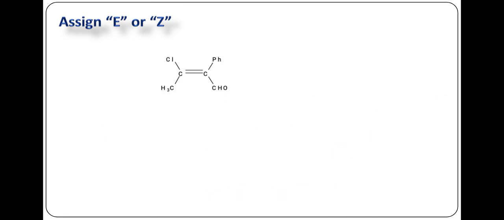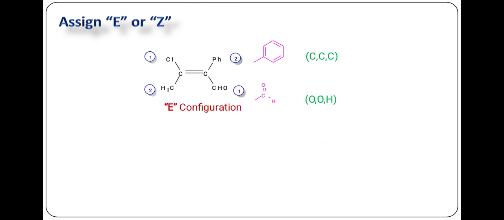Then next, Cl and CH3, Cl has the higher atomic number, so the priority goes to Cl, then second is CH3. Here Ph and CHO: the CHO carbon is directly bonded to oxygen and here carbon is directly attached to carbon, so the priority goes to CHO then Ph. In this molecule both first priority groups are present on opposite sides, so here the configuration is E.